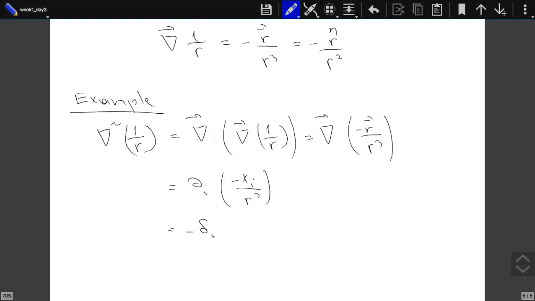It is Kronecker delta ii times 1 over r cubed, plus minus xi. I will use the chain rule for the derivative of 1 over r cubed. It is minus 3 over r to the 4 times del i of r.